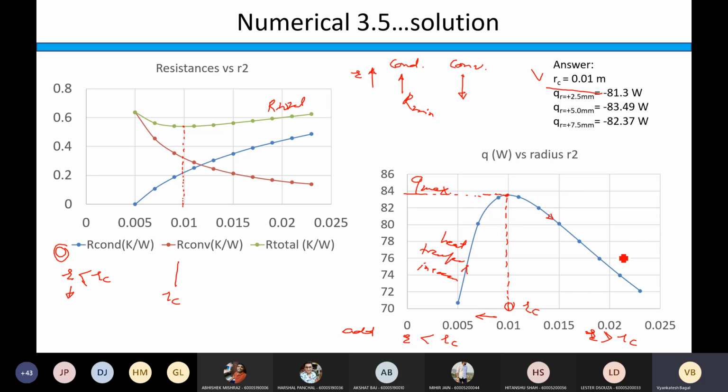So depending on your application and your intention, what you want to achieve, you have to decide whether Q should be increased or decreased, and this has to be directly compared with the base radius, right? So base radius will decide whether to add the insulation or not for that particular intended purpose, right?